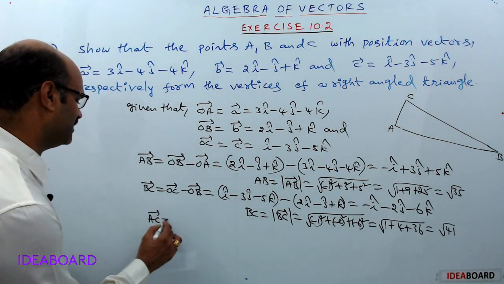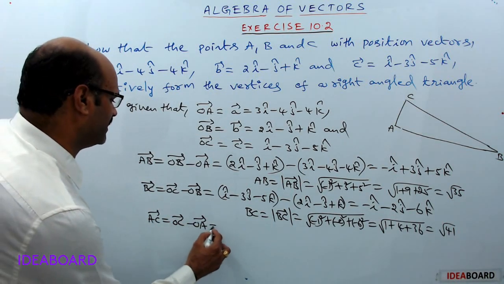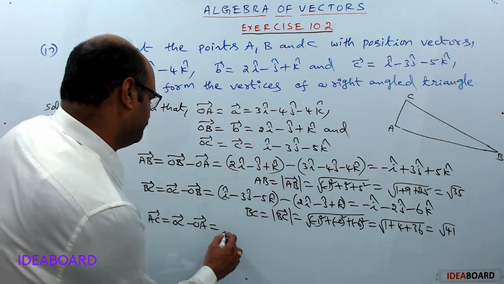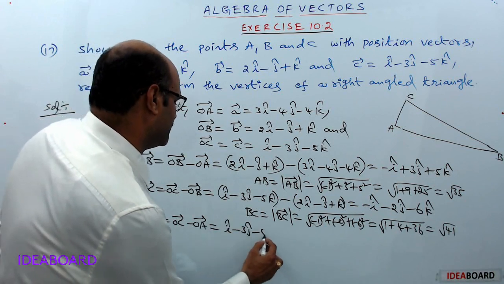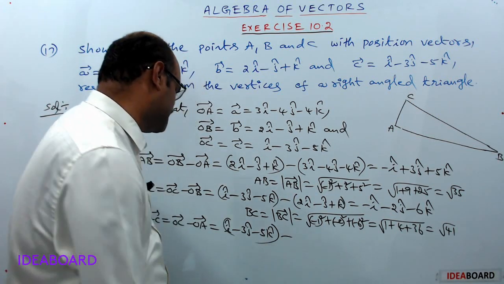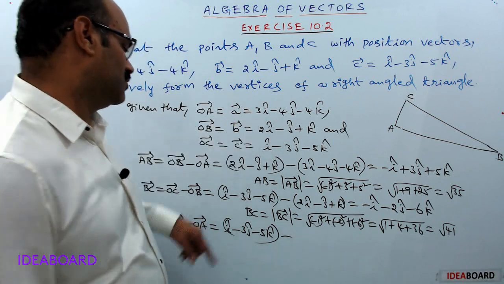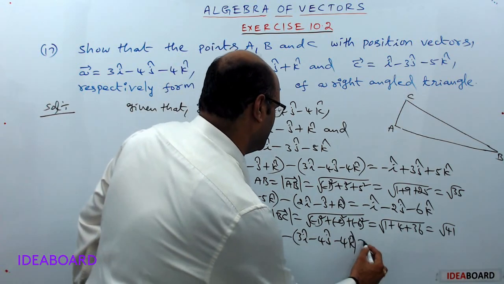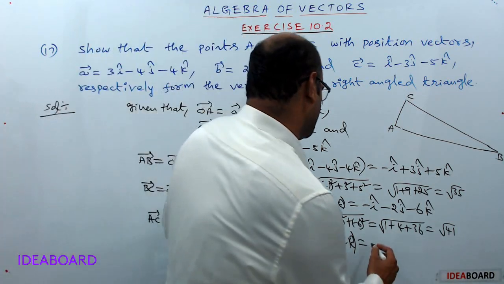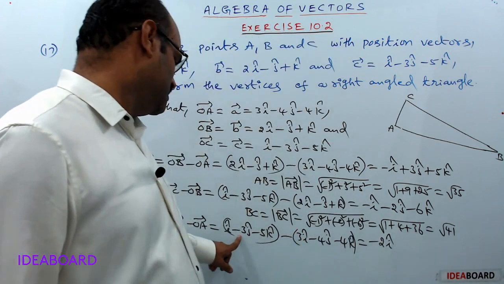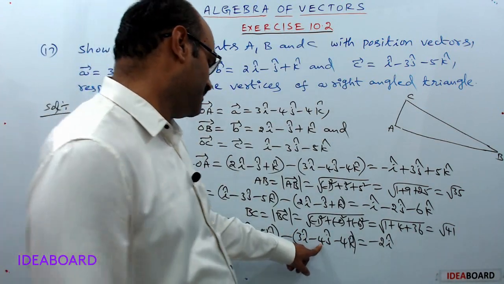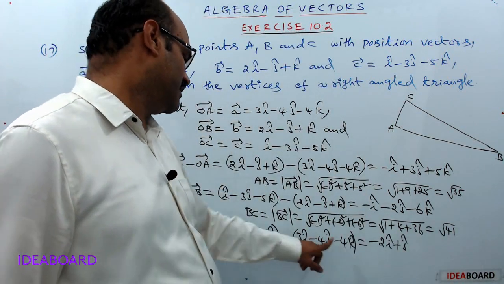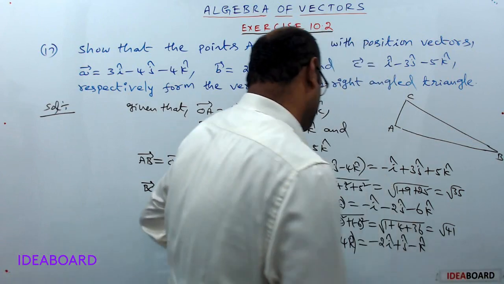Now AC vector equals OC vector minus OA vector. Here OC vector equals i cap minus 3j cap minus 5k cap, minus OA vector equal to 3i cap minus 4j cap minus 4k cap, equal to i cap minus 3i cap, that is minus 2i cap, minus 3j cap plus 4j cap, that is plus j cap, minus 5k cap plus 4k cap, that is minus k cap.